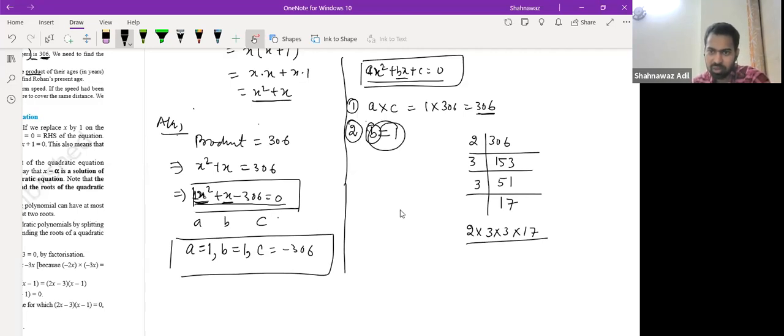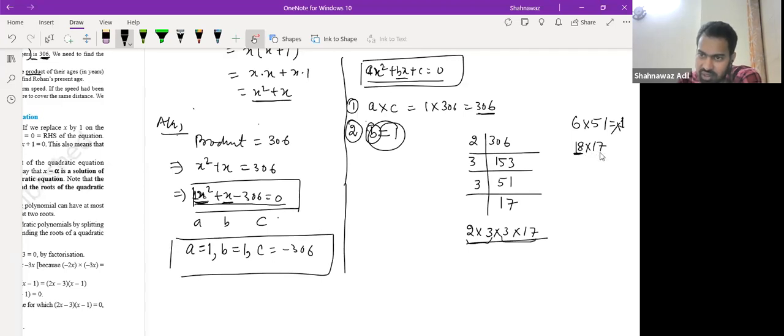So what is the combination that we should take? Can we take 6 into 51? Can this give me 1, by addition or subtraction? No, right? But 18 into 17 can.